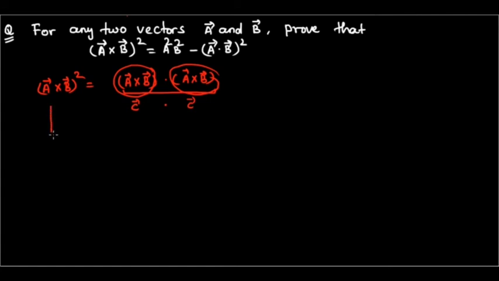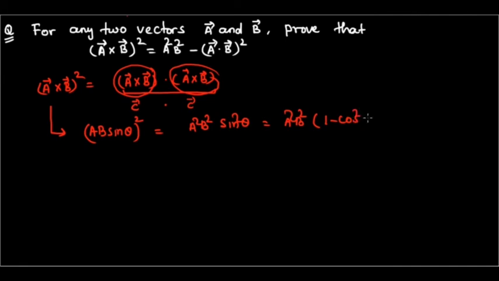So I can write the magnitude of A cross B as AB sine theta. So basically we have to find (AB sine theta) whole square, that is equal to A square B square sine square theta, that is equal to A square B square (1 minus cos square theta). We know that sine square theta is equal to 1 minus cos square theta.